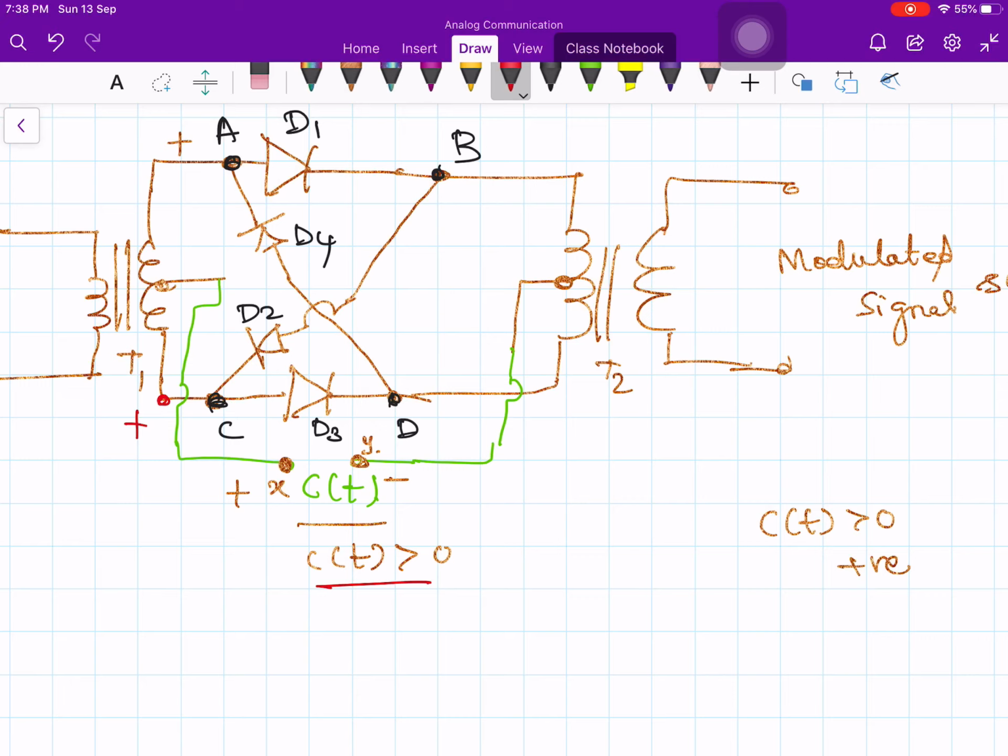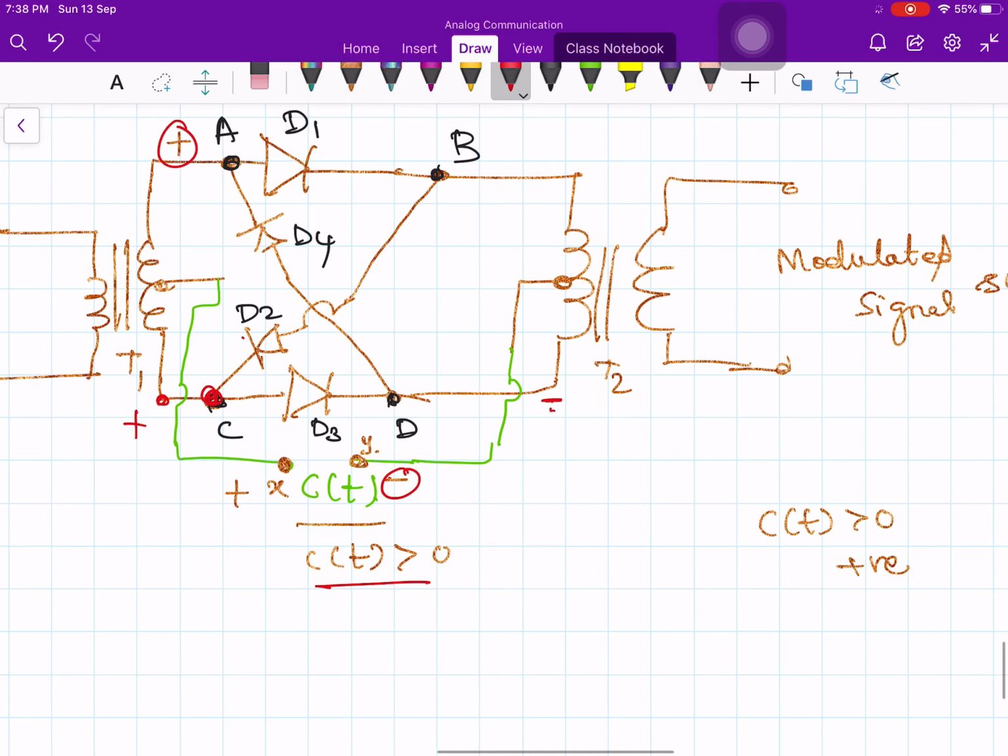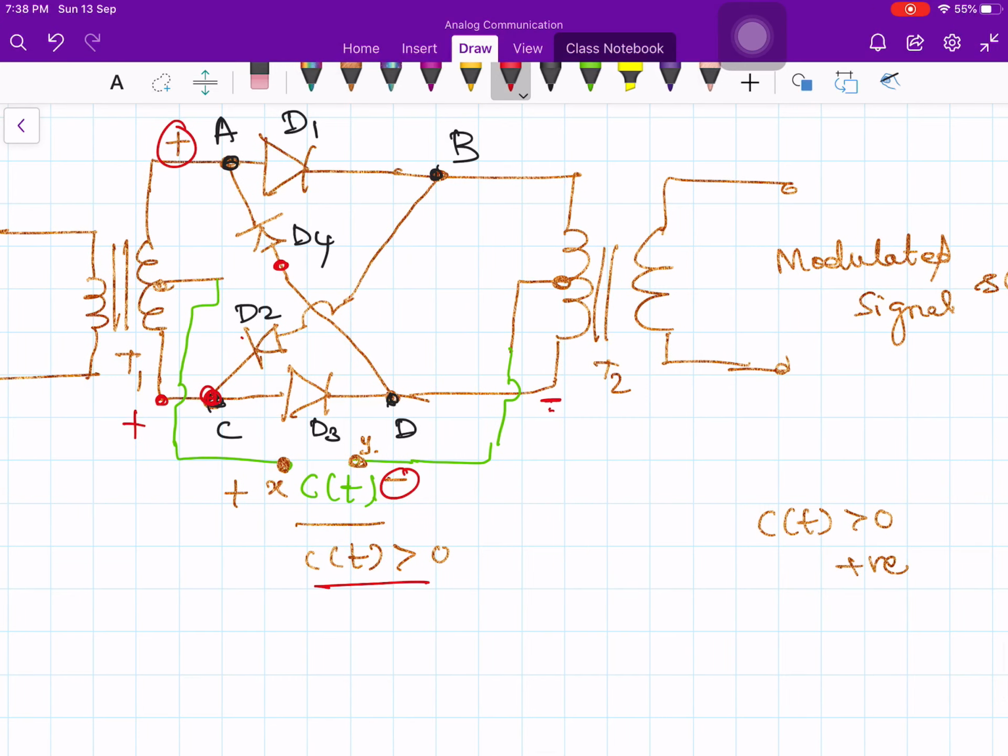Because this is positive, diode D4 will be reverse biased, and here also it is positive, therefore D2 will be reverse biased. The positive potential is applied to the cathode of D4, and the same appears at the B terminal. When c of t is positive, D1 and D3 are on.